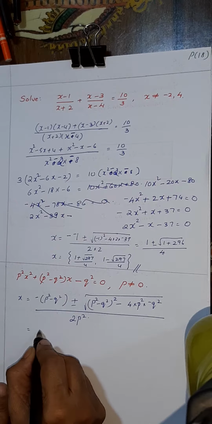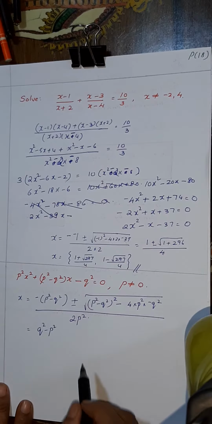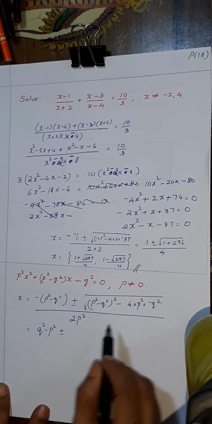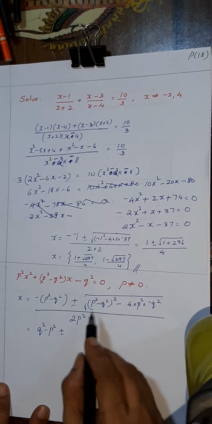So this is equal to q squared minus p squared, plus or minus root of, taking the negative inside, this will be plus 4p squared q squared.